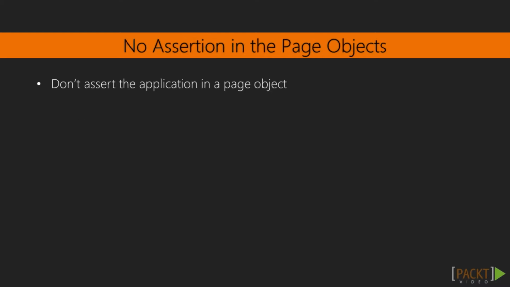A page object may assert that its internal browser is actually pointing to the page that is expected. This can be done in different ways, but a simple way is to throw an exception when the page object is created and the current browser is not pointing at the expected page. If you add that type of assertion, make sure that you throw an exception that is specific to either the page or your application.